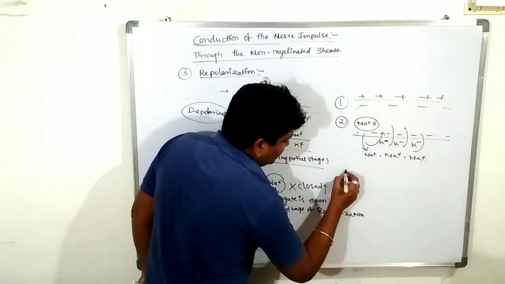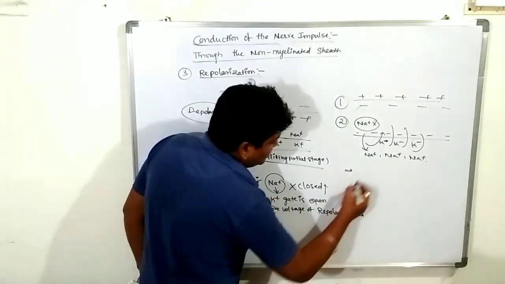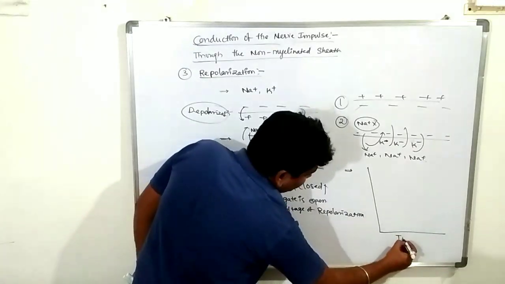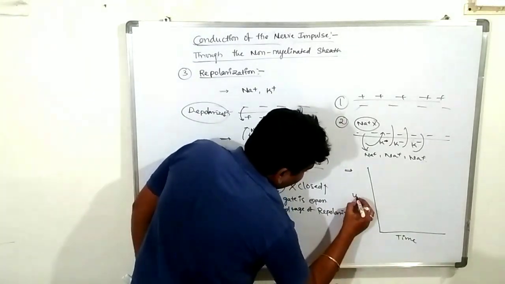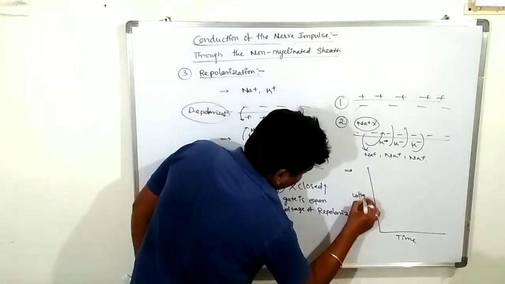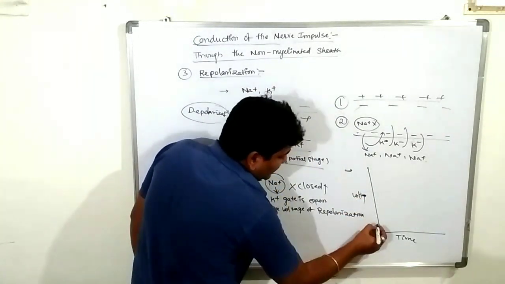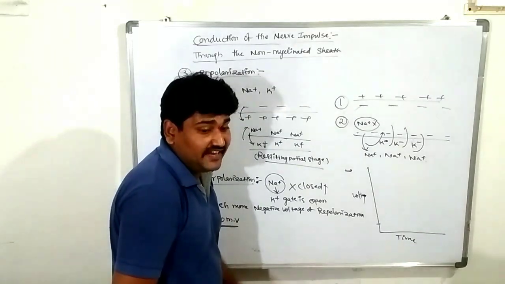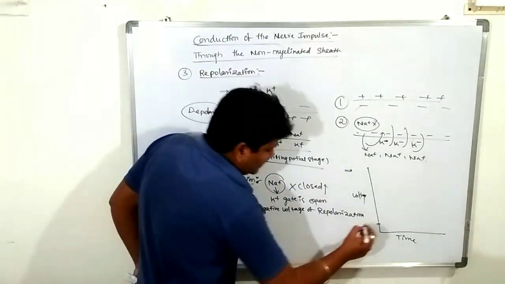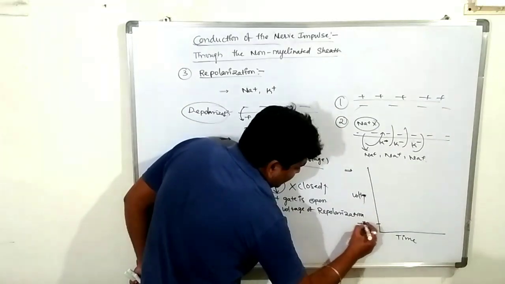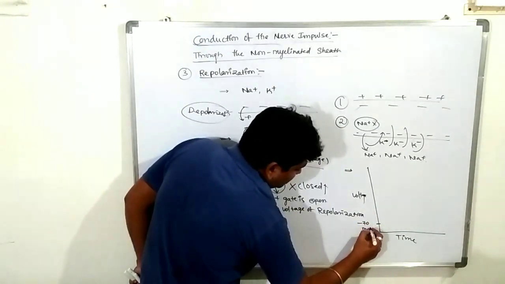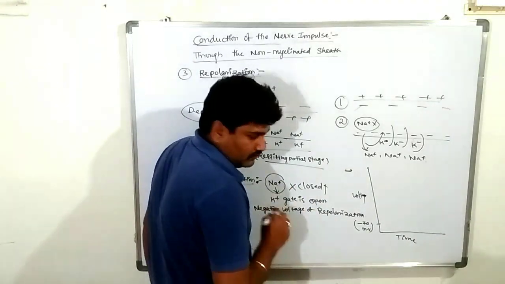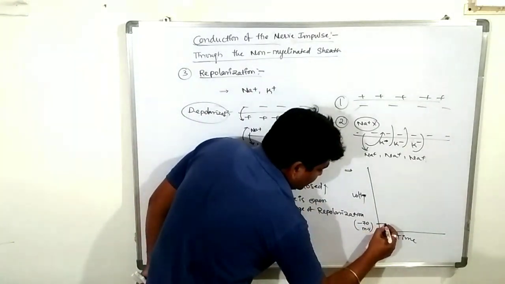So listen carefully. In the graphical way of this hyperpolarization, this is a normal condition. The axes are time and voltage. So the resting potential of the nerve is minus 70 millivolts. We know that minus 70 is the resting potential. So this is the minus 70.